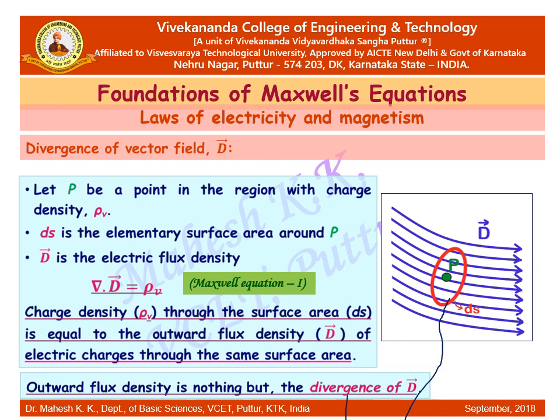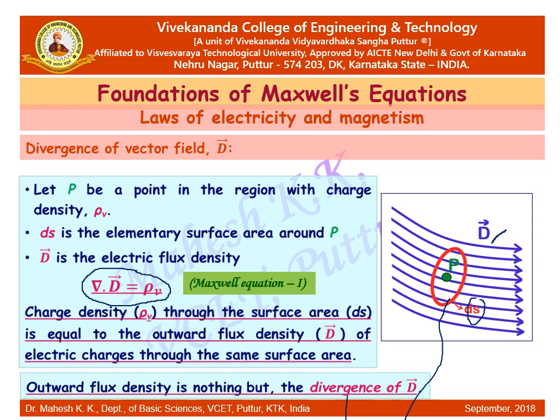Let ds be the elementary surface area around P, and D the electric flux density. Then it simply means that del dot D vector is equal to rho v, and that is nothing but Maxwell's first equation.